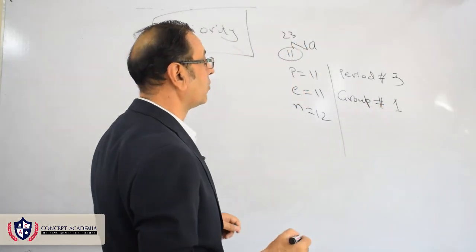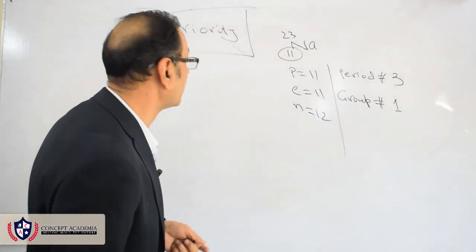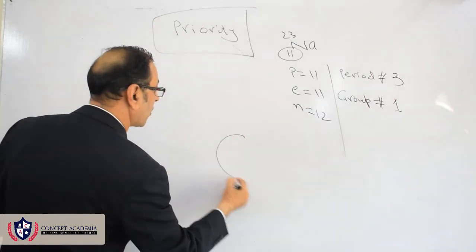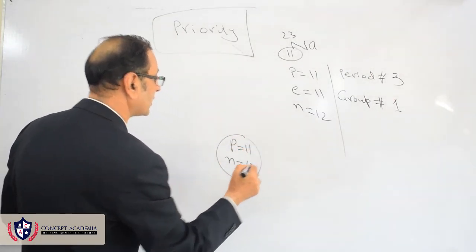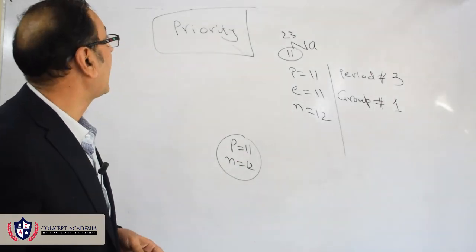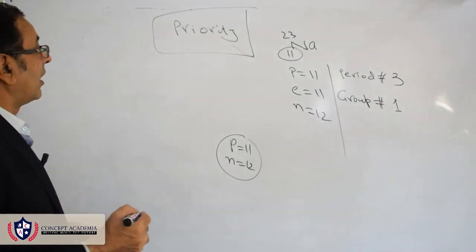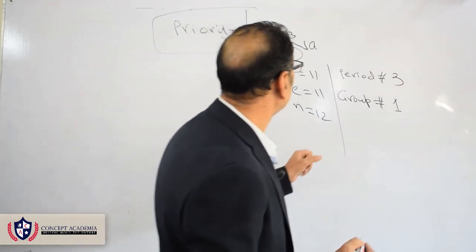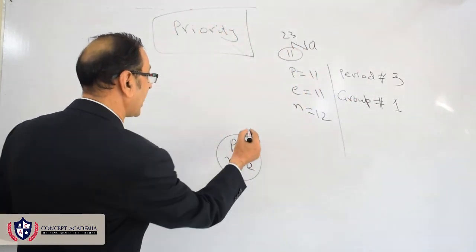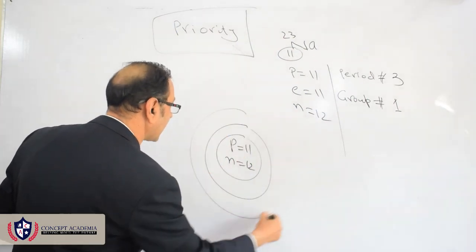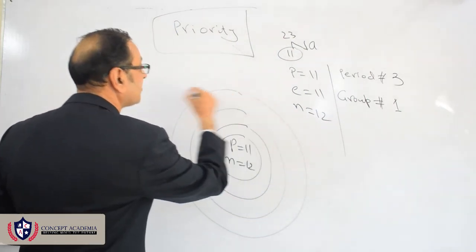So there is only 1 electron in the last shell of sodium. So if we draw the electronic configuration, protons are 11, neutrons are 12. As the priority will be given to the period number, which is 3, the number of shells is 3. You should draw 3 shells around sodium.